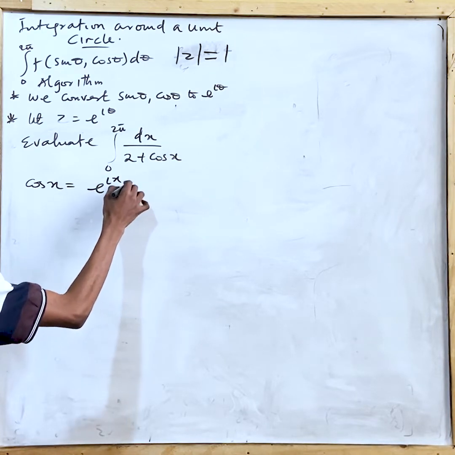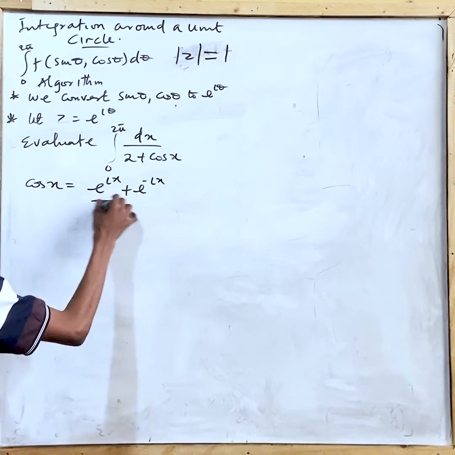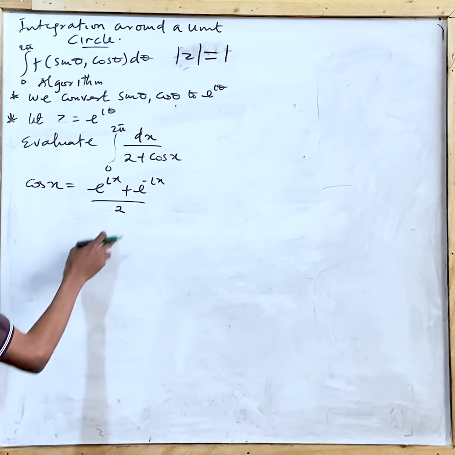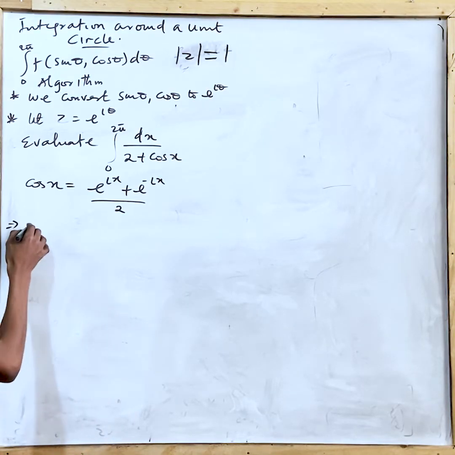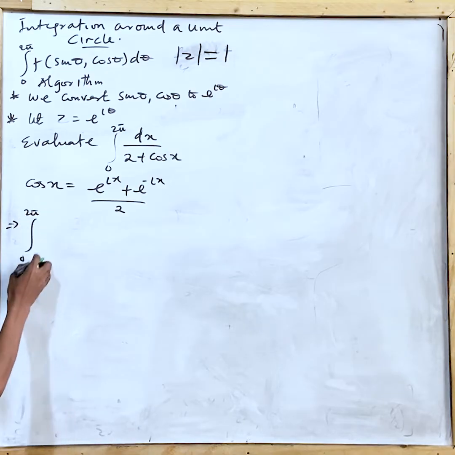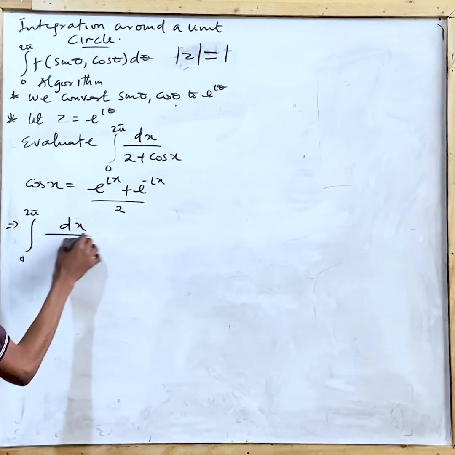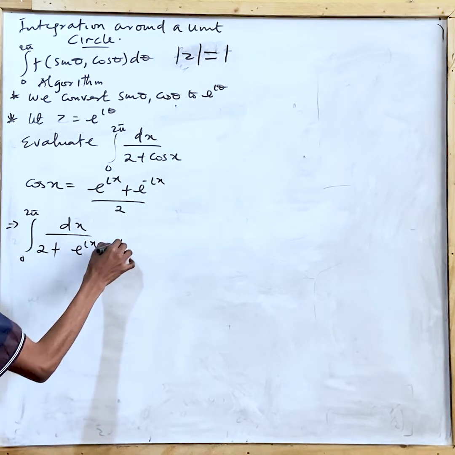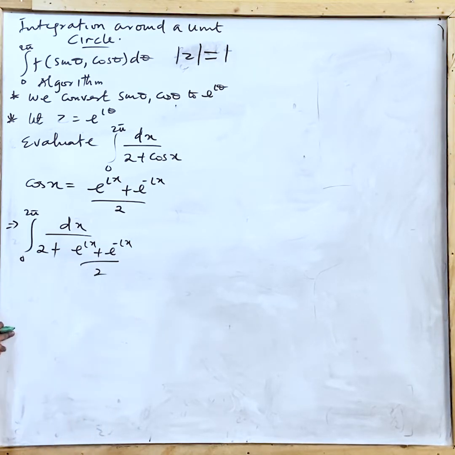Exponential ix plus exponential minus ix over 2, right? If it is sine, sine is exponential ix minus exponential minus ix over 2i. So we are now integrating from 0 to 2 pi dx over 2 plus (exponential ix plus exponential minus ix) divided by 2. So is there anything we can use to take care of these two?